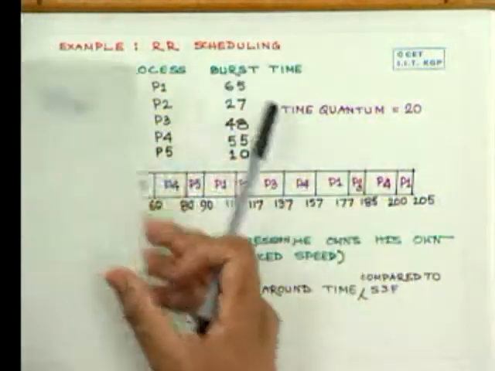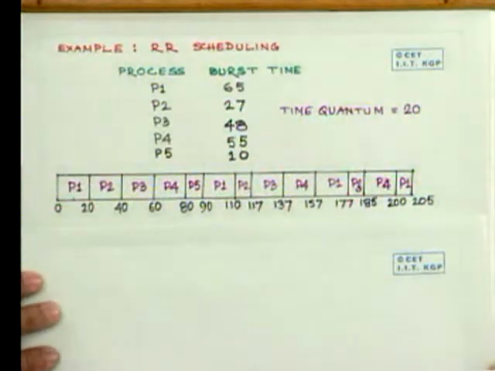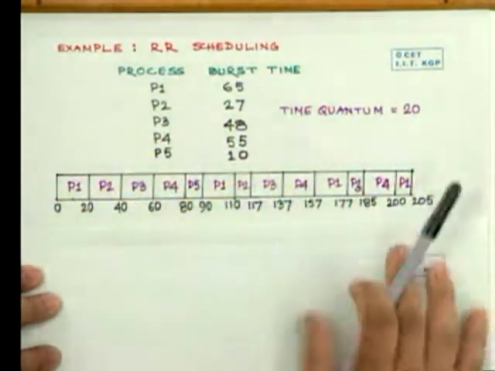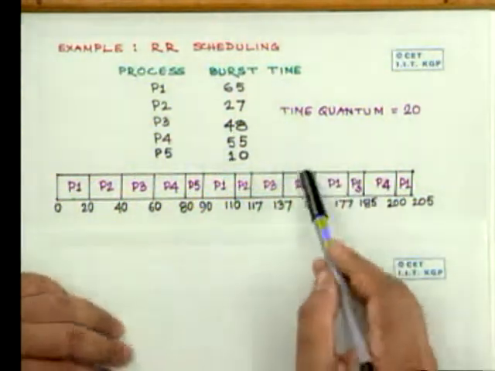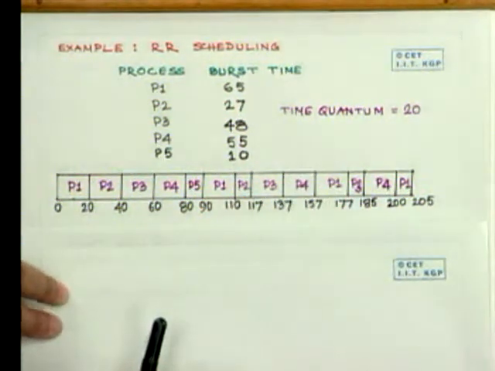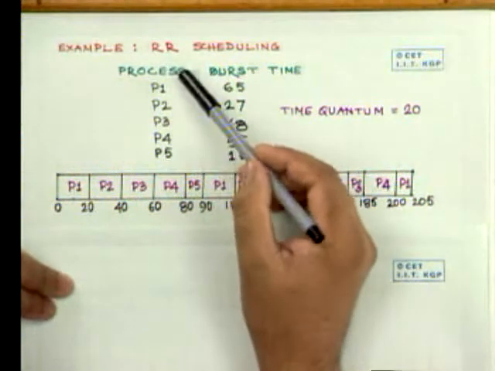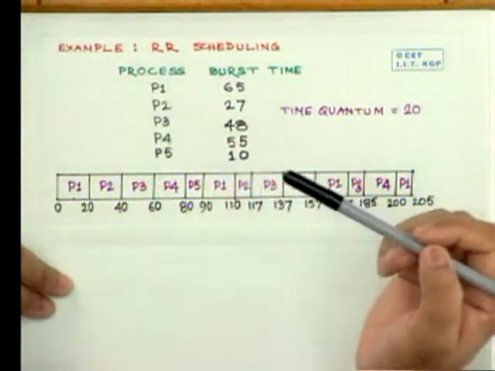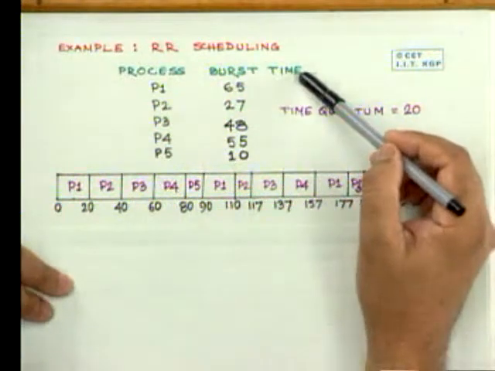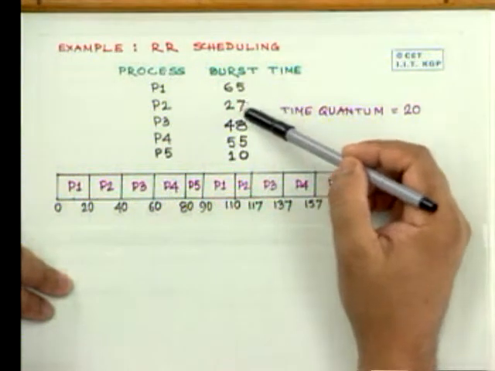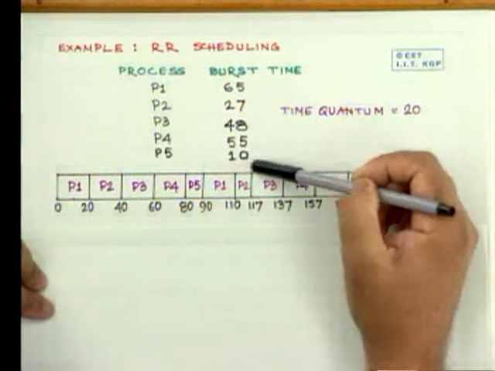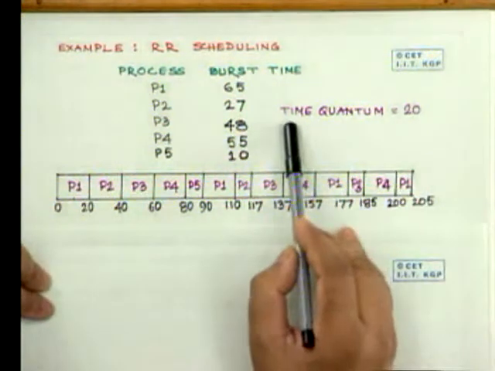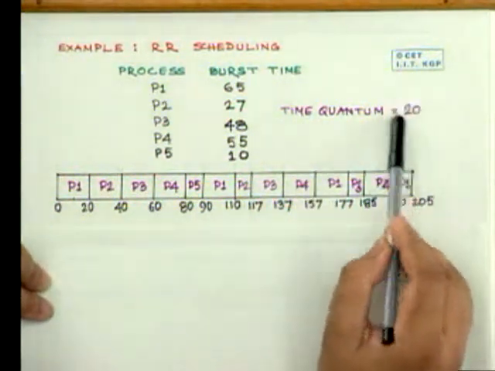Let us concentrate first on the top part of this slide. Say there are 5 processes, P1, P2, P3, P4 and P5. The burst times are 65, 27, 48, 55 and 10 respectively. And let us assume that the time quantum is 20 milliseconds.